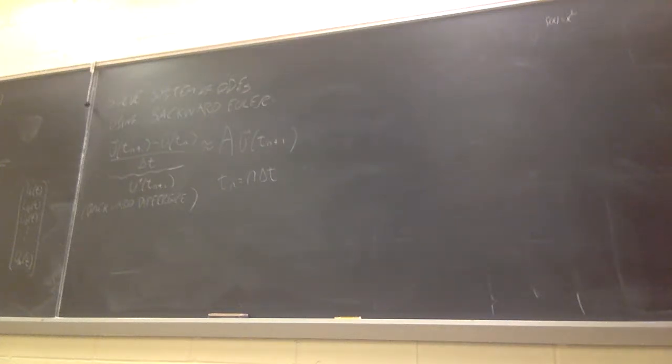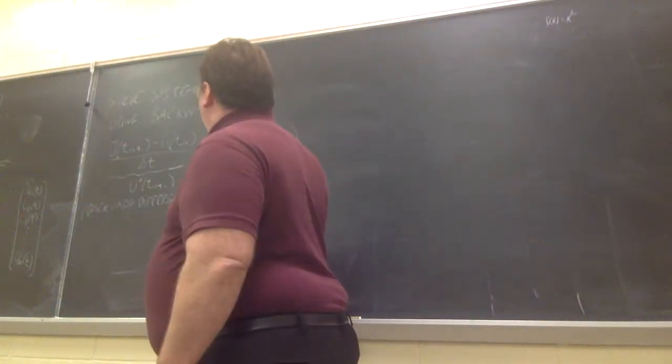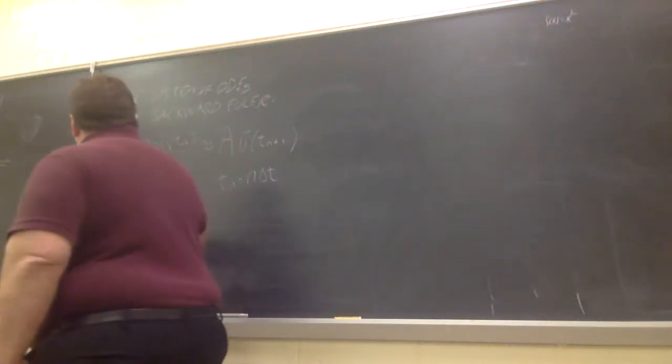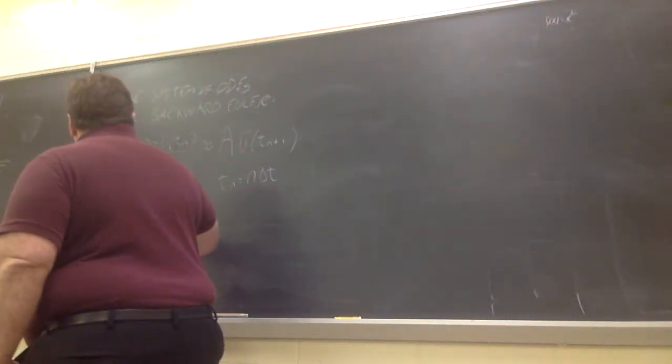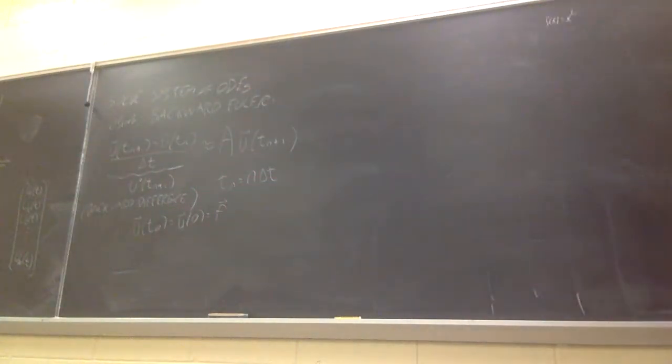So we pick that, and we're going to solve for u of t at certain uniformly spaced times, t1, t2, t3, etc. And keep in mind that u of t naught, that's u of 0, is already given. That's f, my initial condition.